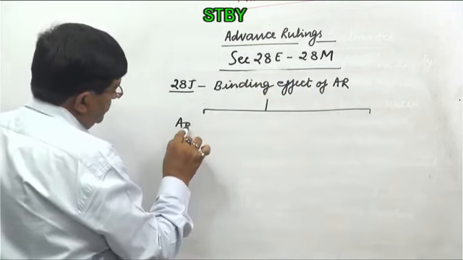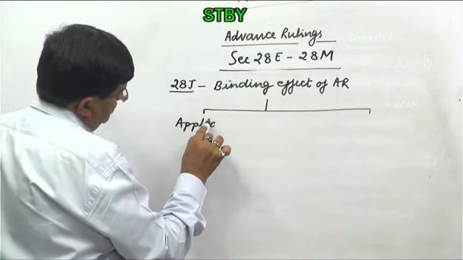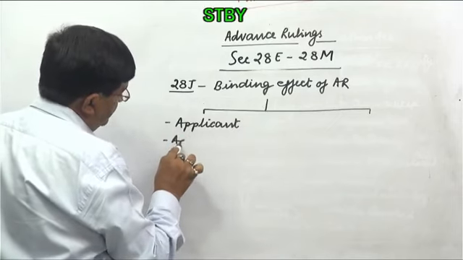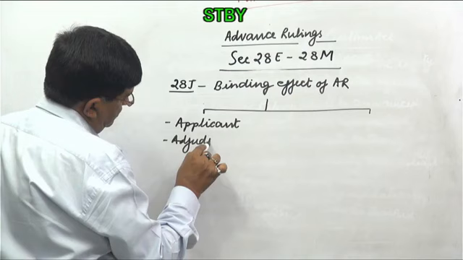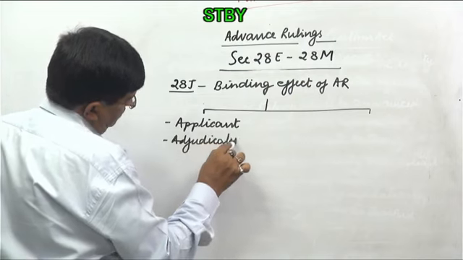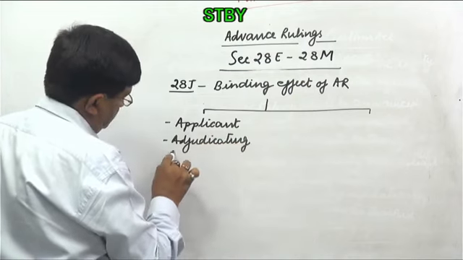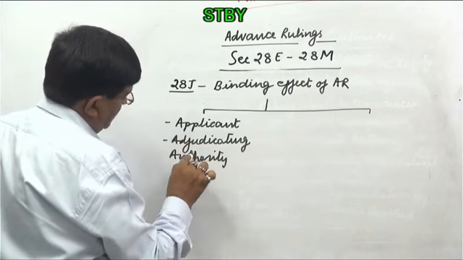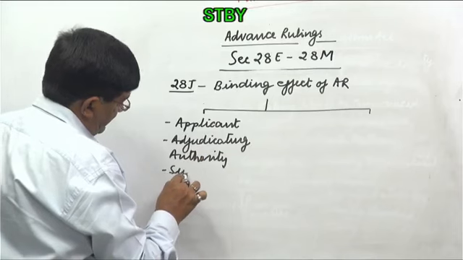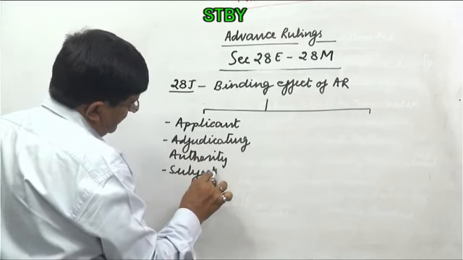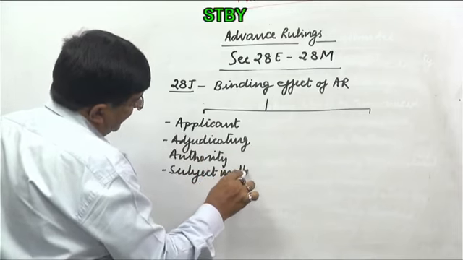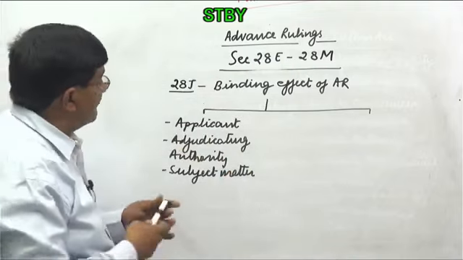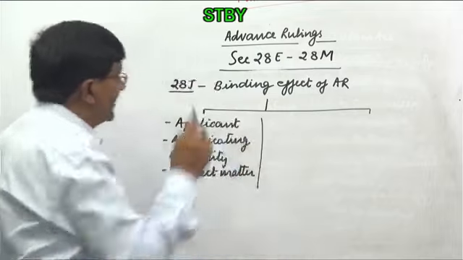Applicant, adjudicating authority, and subject matter on which advance ruling has been given, right? So these three things combined together, there is a binding effect.